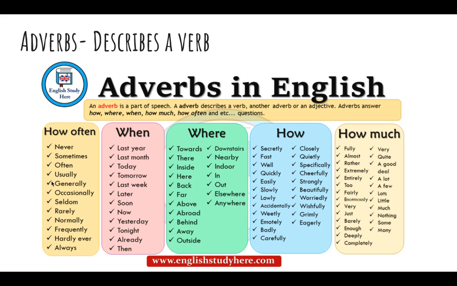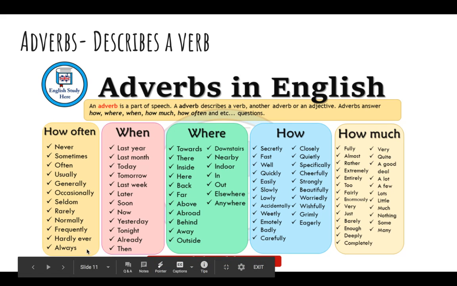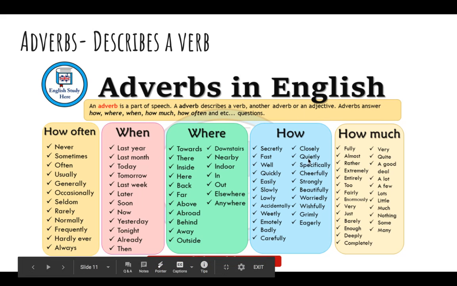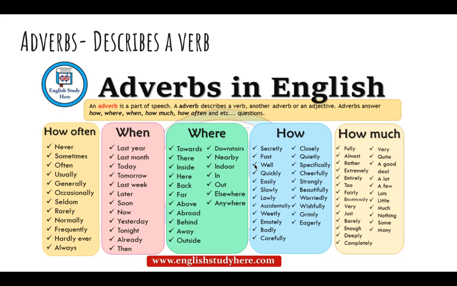Never. I always run. How often do you run? Always. I went on a run yesterday. That tells you when you went on the run. So it's going to modify your verbs and tell you how that verb was done, or where, or when, or how much, or whatever.